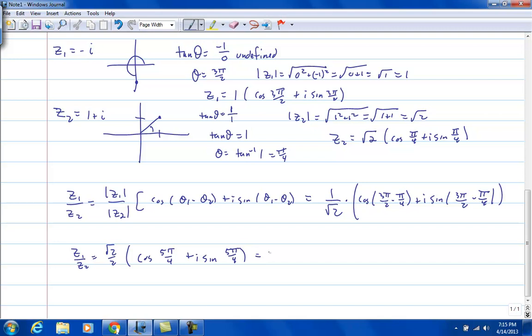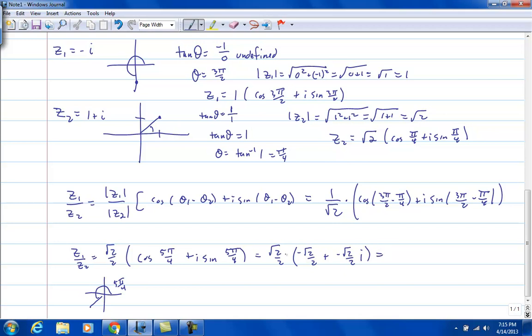And that's going to be the square root of 2 over 2 times what? Now cosine of 5 pi over 4, just think about the quadrant there. This is pi over 4, 3 pi over 4, 5 pi over 4 is there. So sine and cosine are both negative. So cosine of 5 pi over 4 is negative square root of 2 over 2, plus negative square root of 2 over 2, because sine's negative there as well, times i.